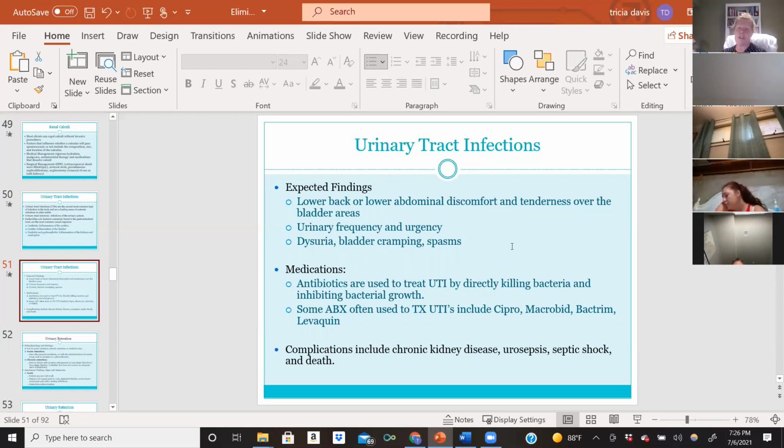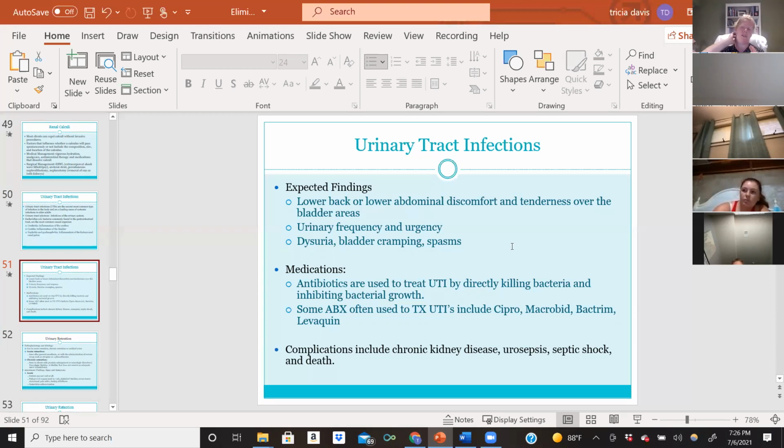So how do we treat a urinary tract infection? Usually, all the time, we give antibiotics to kill the bacteria and inhibit any more bacterial growth. What we use mostly is Macrobid. Macrobid is right now the drug of choice. We can also use Cipro, followed by Bactrim and Levaquin.